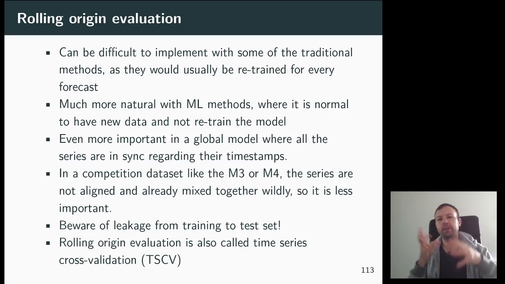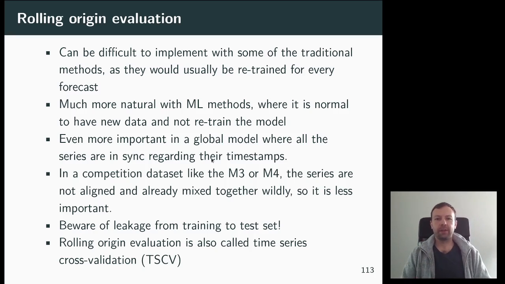So you get a bit of a mix of everything. But if all your series are aligned, then of course, to get the full picture, you need to really do some sort of rolling origin evaluation over a whole season to really know how your model will behave on things like Christmas, summer holidays, and so on.